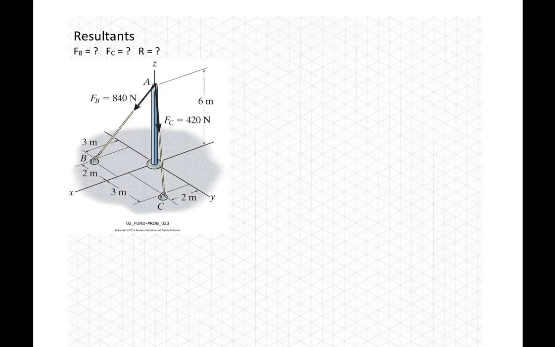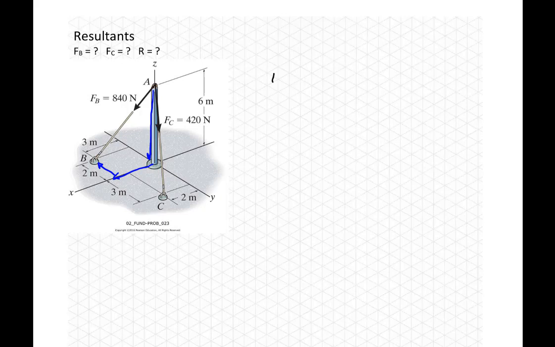So let's look at force B first. FB is 840 newtons. So in this case it goes from A. In the x direction it is going to go 3 in the i direction, negative 2 in the j direction, and I guess we could start right there. You go negative 6 in the k direction. So let's go ahead and put all those in there.